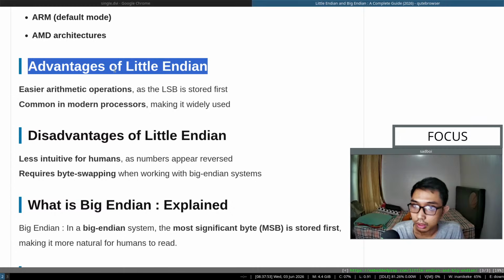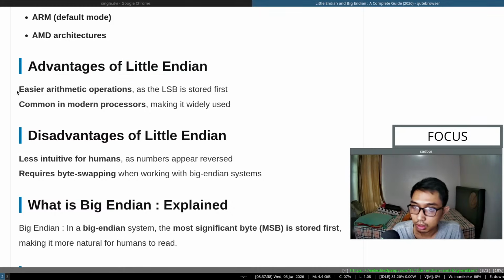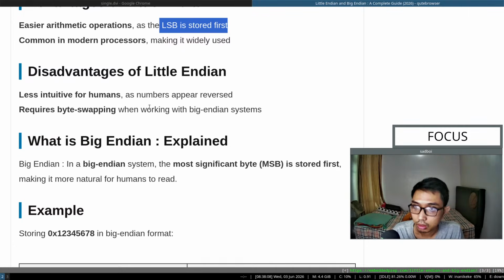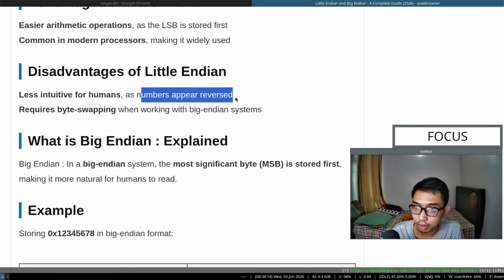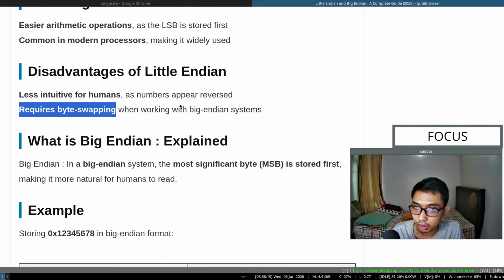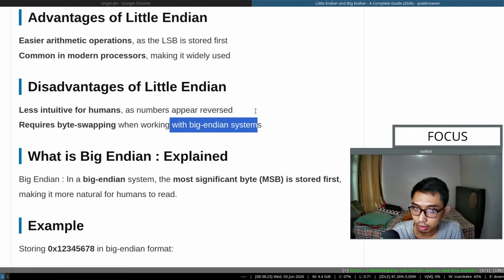The advantage of little endian is your arithmetic operation, as the least significant byte is stored first. Less intuitive for humans as numbers appear reversed, requires byte swapping.